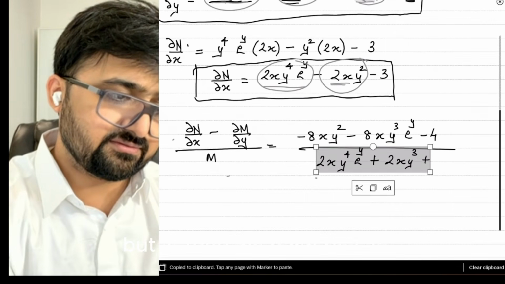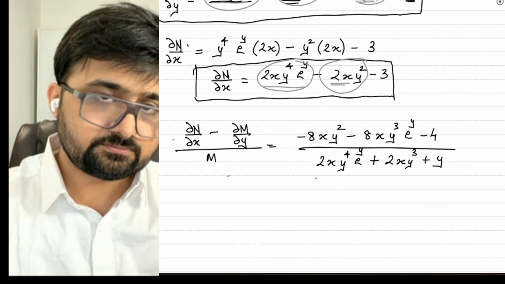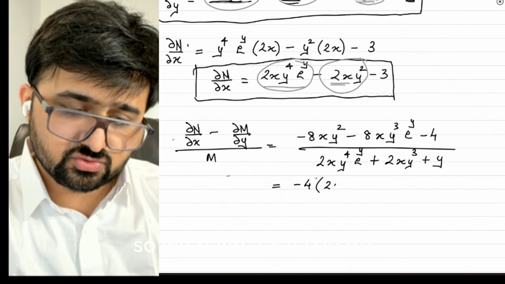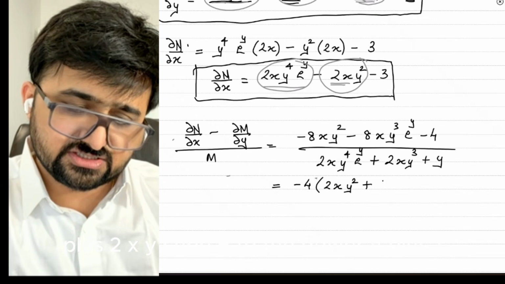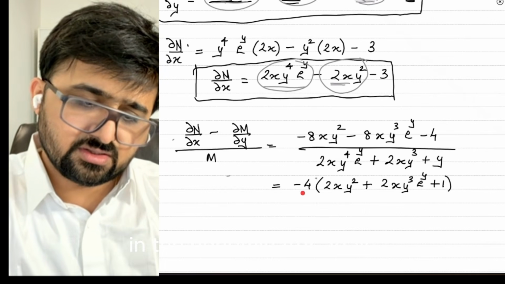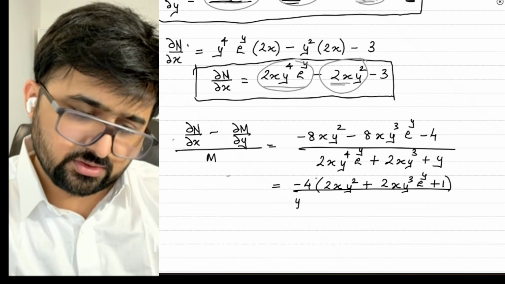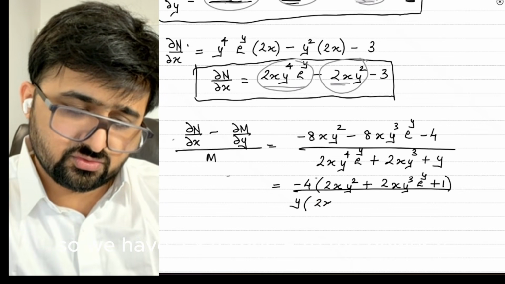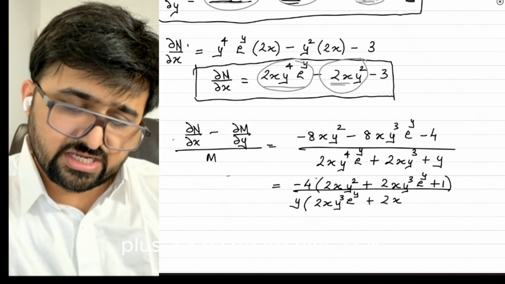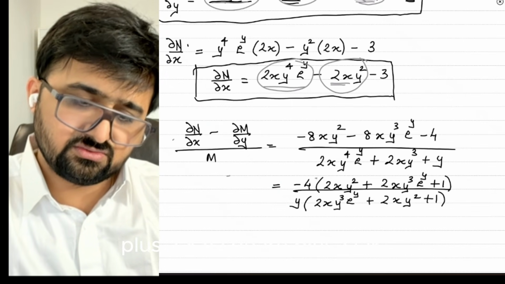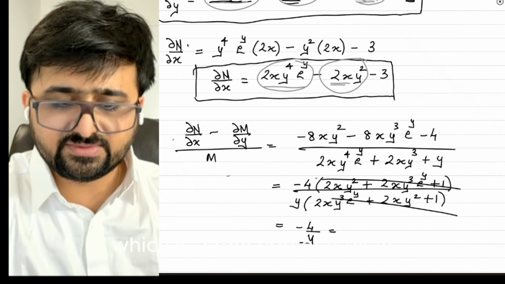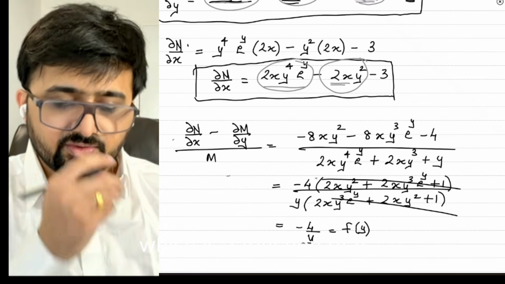In the end, we have plus y. Let's take minus 4 common. So we have 2xy square plus 2xy cube e to the power y plus 1. In the denominator, again, let's take y common. So we have 2xy cube e to the power y plus 2xy square plus 1. So this and this will get cancelled, and we have minus 4 upon y, which is a function of y.